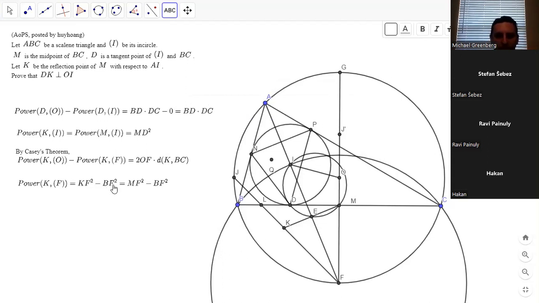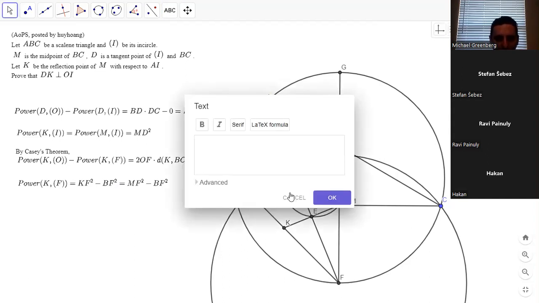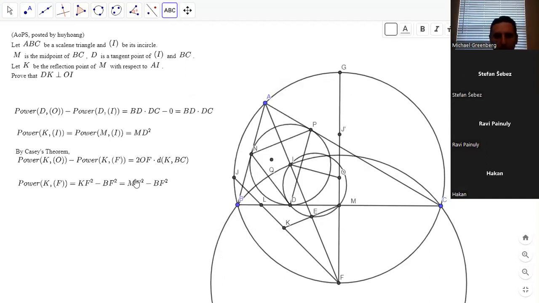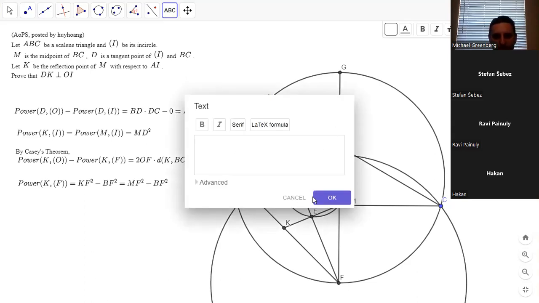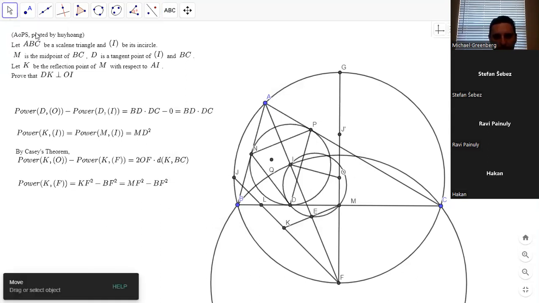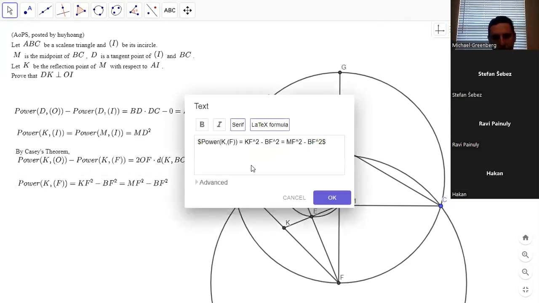That's negative BM squared. Actually, I'm a little confused with the signs. Is the power negative if it's inside the circle? Yeah, I think it is, right? Okay.